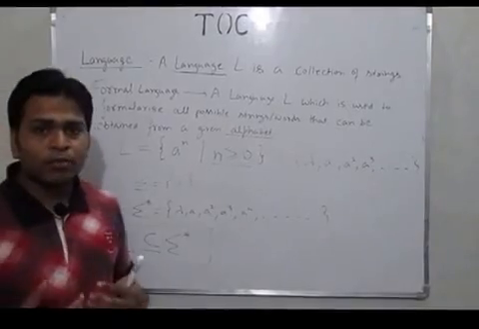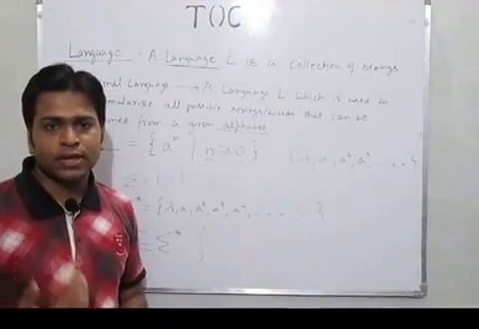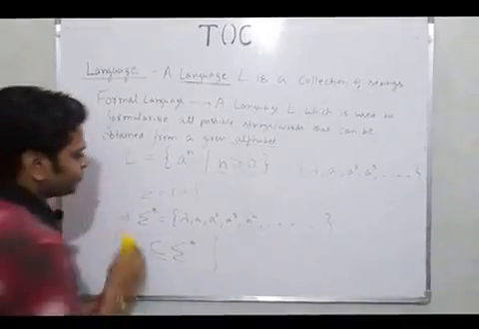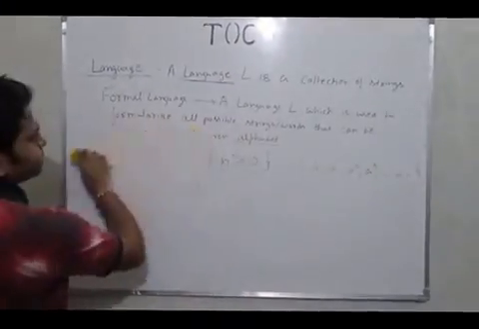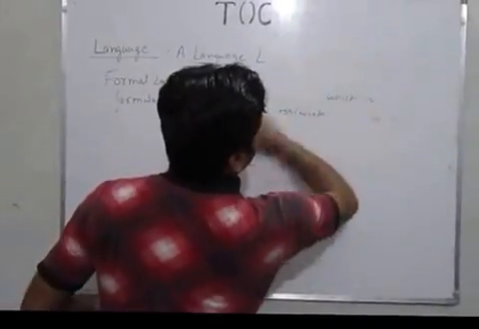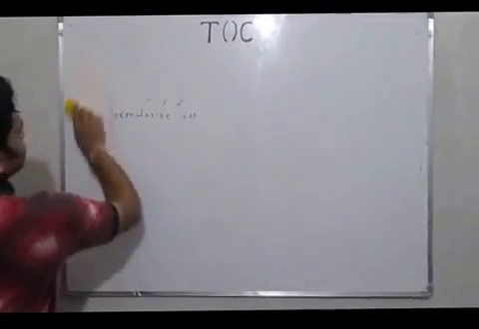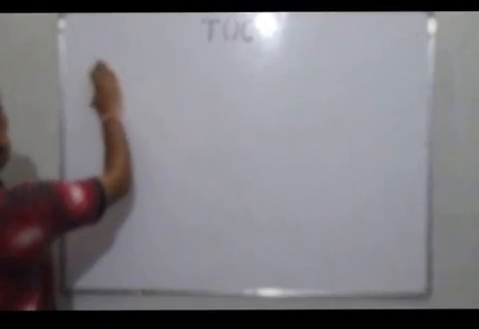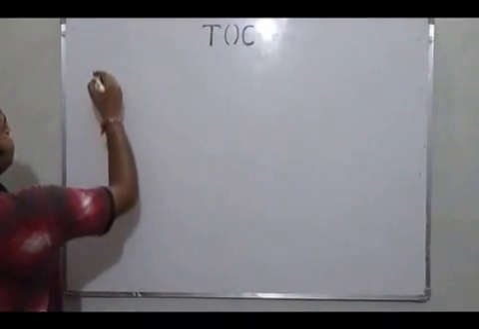Now there are certain operations that we can perform over this language, and what are these? Let us check that. So operations over L. There are various operations that we can perform over this language.